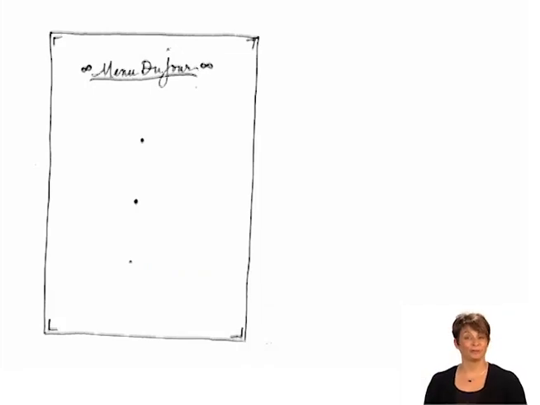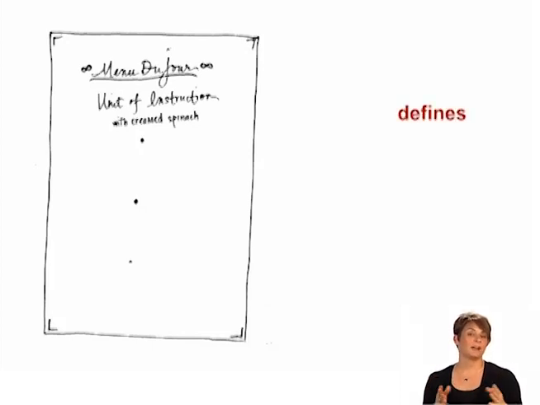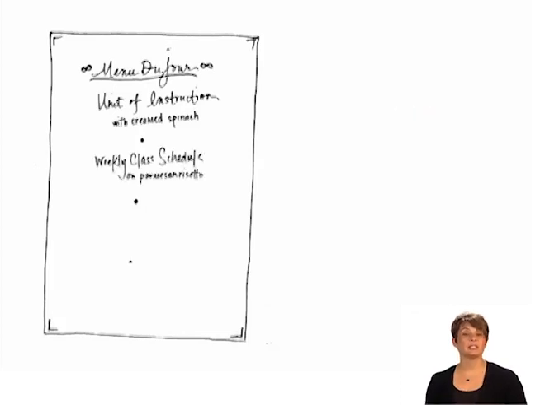Okay, let's review. To prepare for instructional delivery, the teacher starts with a unit of instruction, which defines and aligns the written curriculum, the tested curriculum, the assessed curriculum, and the taught curriculum over a 3 to 6 week period. Next, the teacher builds a weekly schedule to further specify the activities of daily instruction.